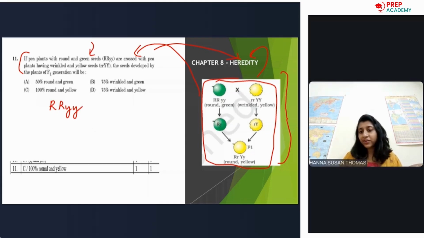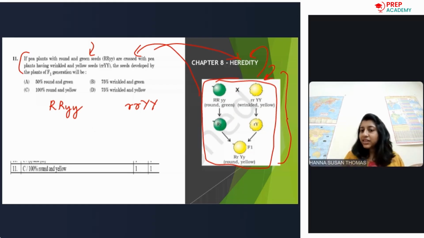Dominant traits will express, and the recessive trait will be suppressed under the dominant trait. That's the whole point. So capital R, small y: round green. Then comes small r, which represents the wrinkled character, the recessive trait. And capital Y represents the dominant color of the pea plant seed.